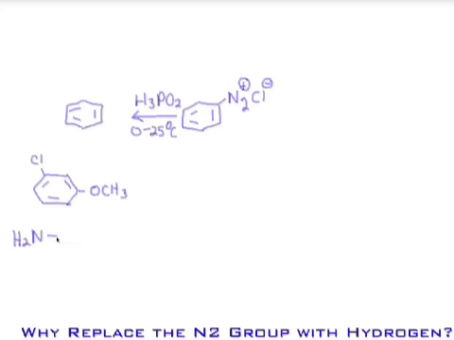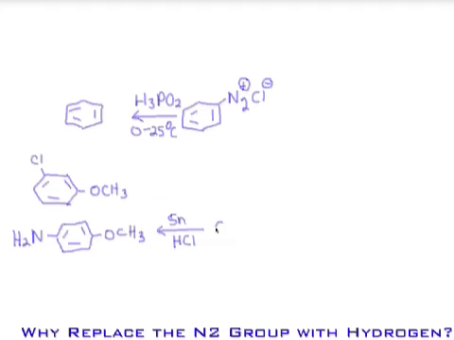I can start with benzene, and I can make my phenol derivative, or I can start with phenol. But let's start with, just to show the key point, para-aminoanisole. How could I have made this molecule? Well, I could have used tin HCl on the para-nitroanisole.